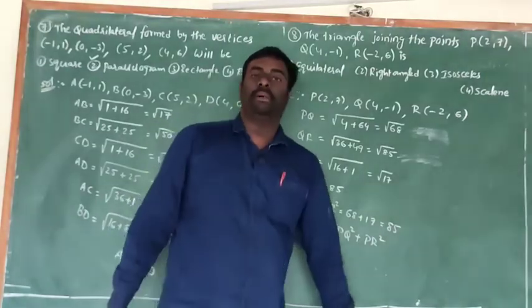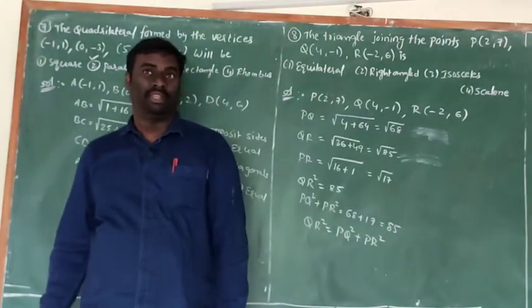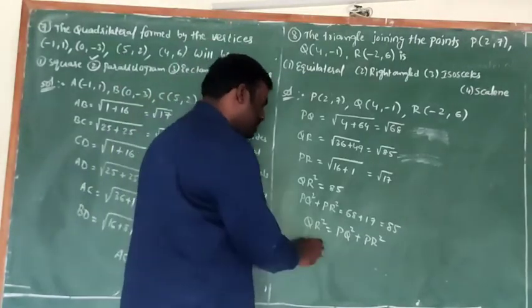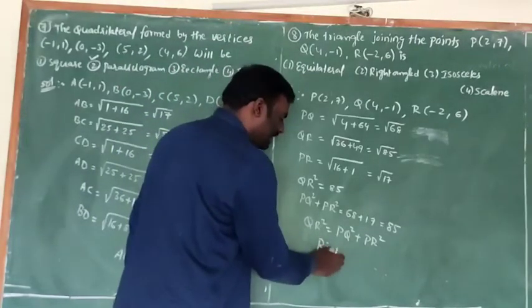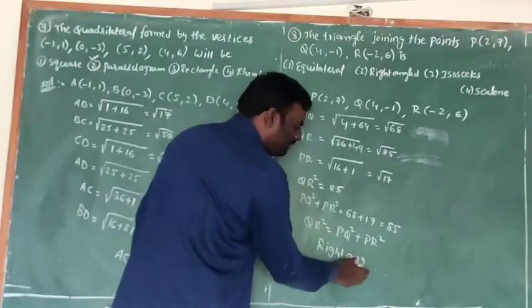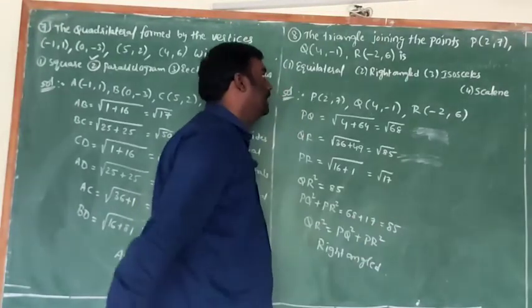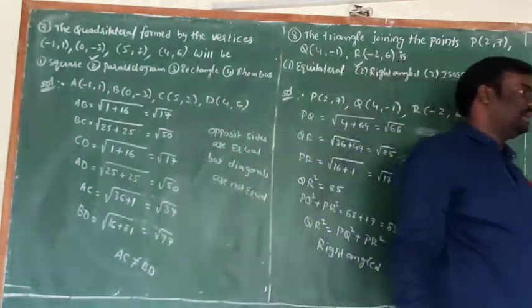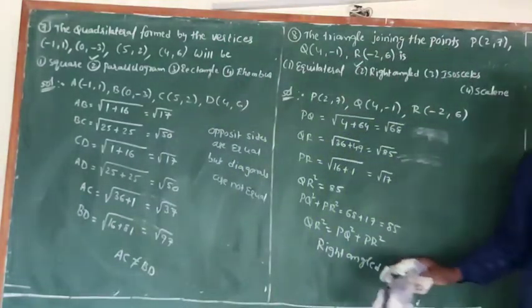This is Pythagoras theorem. If a triangle satisfies Pythagoras theorem, which triangle is that? Right angle triangle. That is the correct answer for this question number 8. Next.